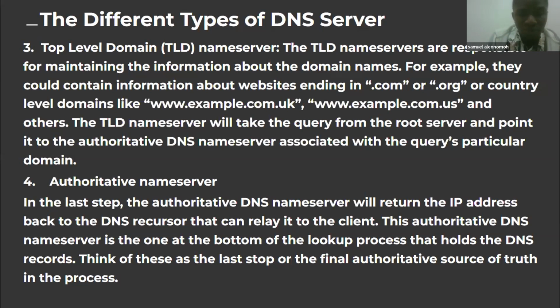Now, what is the authoritative? In the last step, the authoritative DNS name server will return the IP address back to the DNS requester, the first one, that can relay it to the client. This authoritative DNS name server is the one at the bottom of the lookup process that hosts the DNS record. Think of this as the last stop, the final authoritative source of truth in the process.